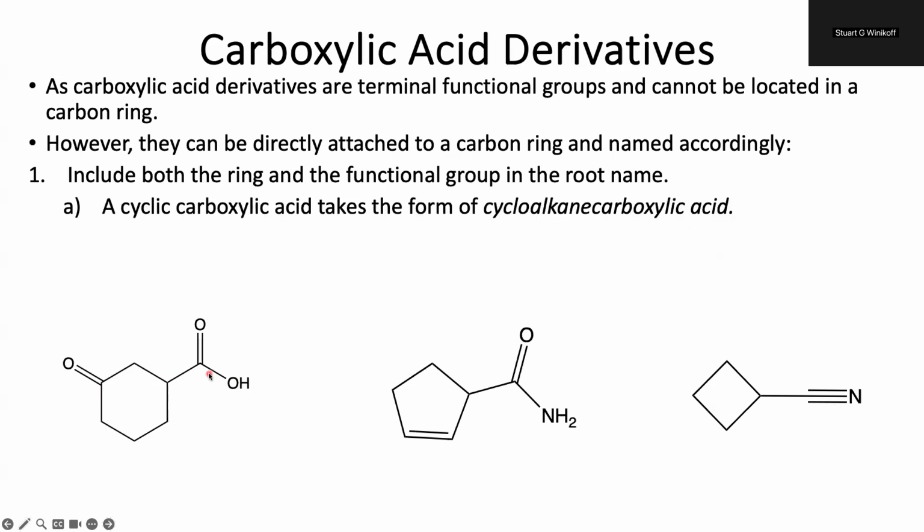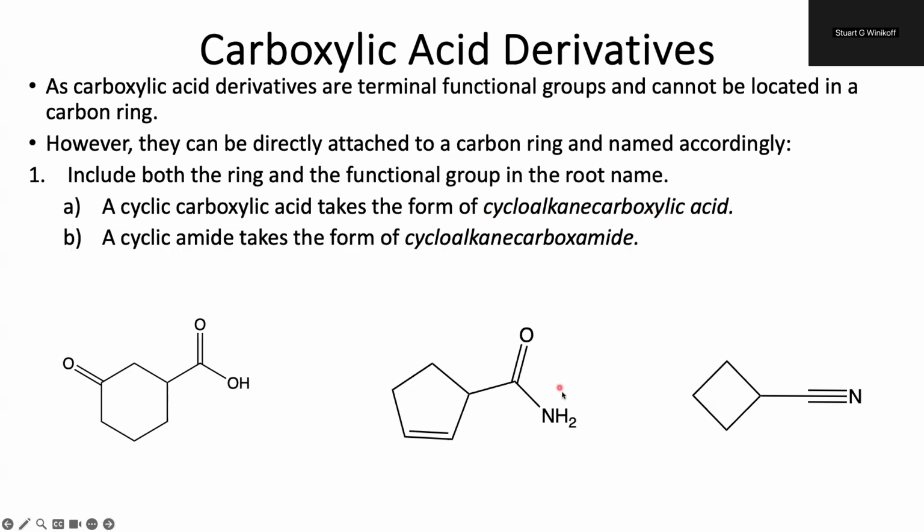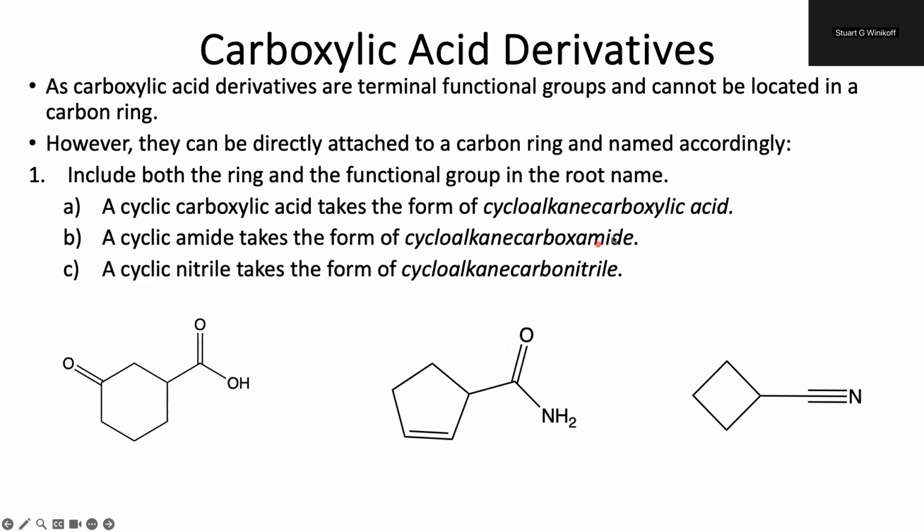So if I have a carboxylic acid, this means I'm going to have a cycloalkane carboxylic acid. If I have a cyclic amide, it's going to be that cycloalkane name and carboxamide. So again, in both cases, carbox indicates that carbonyl group, ic acid, amide.